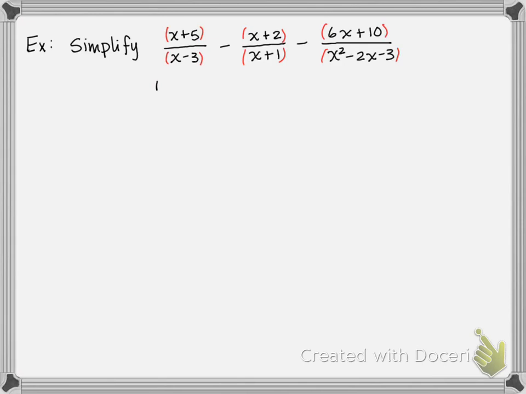So we have x plus 5 over x minus 3, x plus 2 over x plus 1, and then 6x plus 10 over x minus 3 times x plus 1. So far, so good?